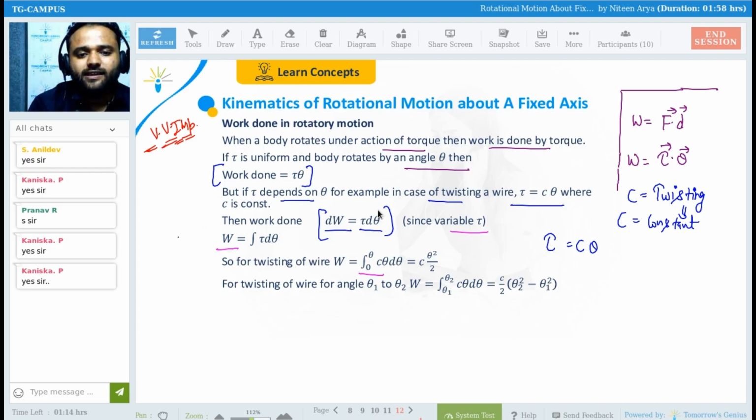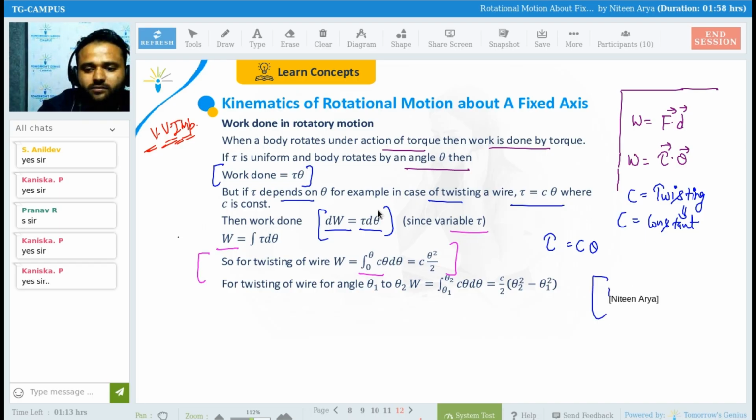That is the work done in twisting or rotating a wire from 0 to theta angle. Is this clear everyone? We are just doing this integration, nothing more.